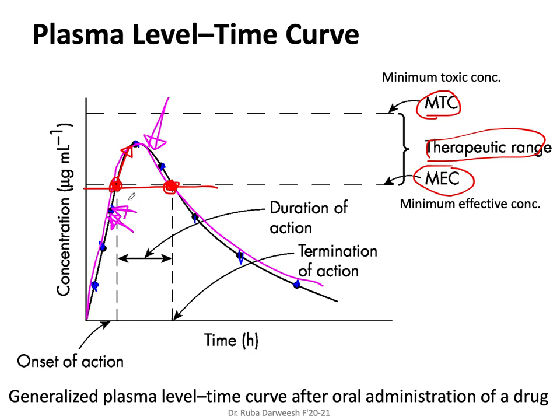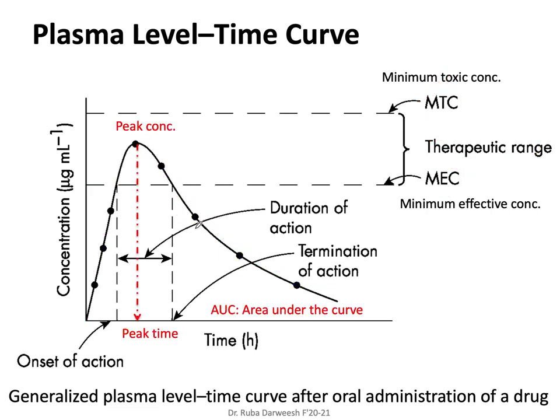And the duration of time between the onset and the termination of the action is called the duration of action of that drug. Those are just clinical terms that you already know, but maybe you didn't link them to the kinetics of the drug. By knowing the kinetics of the drug and some clinical information that we already know about our drug, we can determine onset, termination, and duration of action.